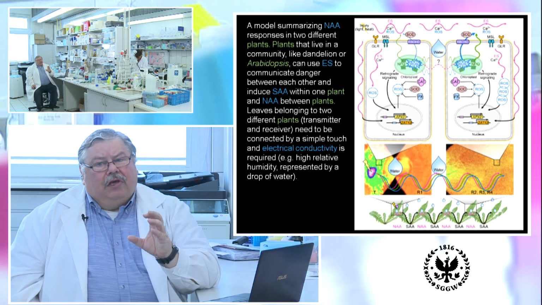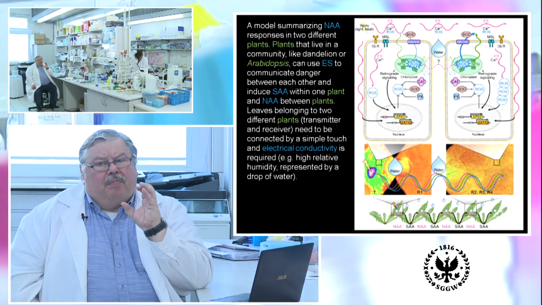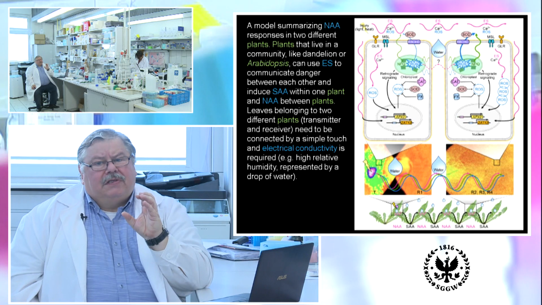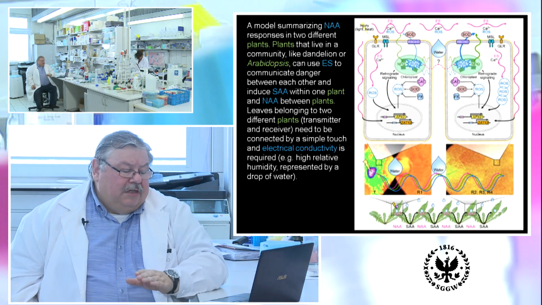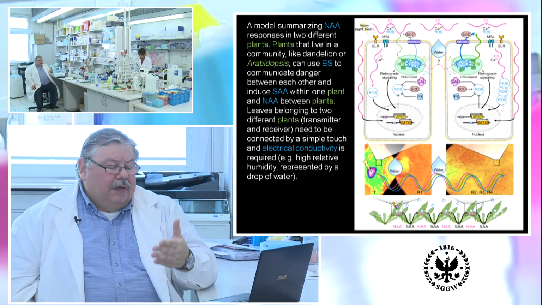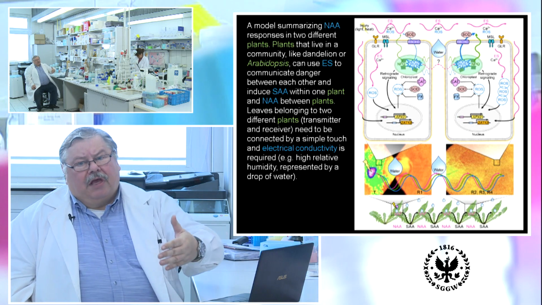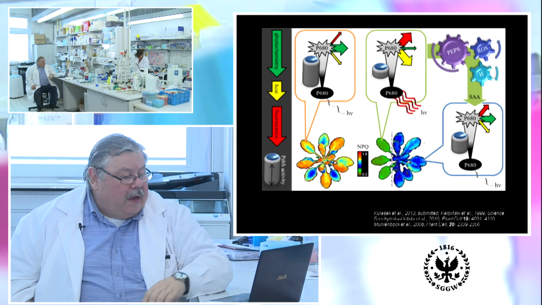But what is the key to this process? That NPQ changes are a prerequisite for this wave of changes between the plants, and it can jump from plant to plant, inducing network-acquired acclimation and systemic acquired acclimation.